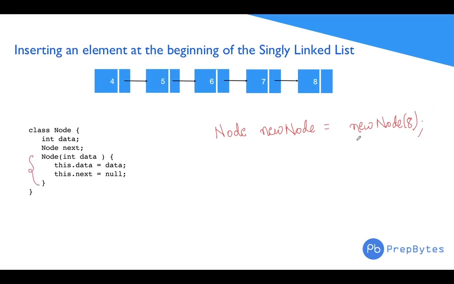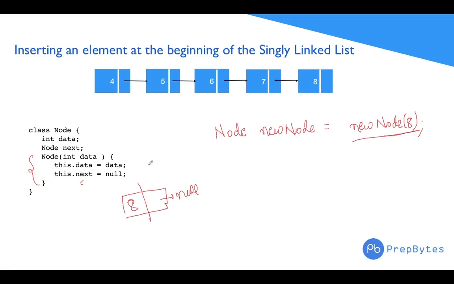When we create the object newNode using this format, passing one parameter, this constructor will automatically get called and the new node will be constructed. It will have the data field as 8 and the next of newNode will be null. This next is null by default, so even if you remove this, the next is going to remain null. So we have created a new node with data as 8 and next as null.